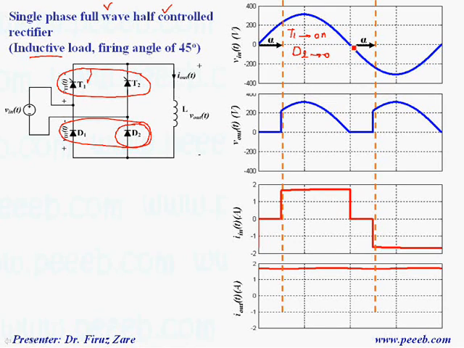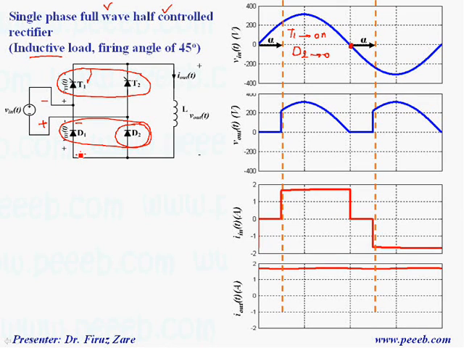So at this zero crossing point, because the input voltage is getting negative, that means the input voltage can be defined as negative voltage with this polarity. If you look at this diode, when this diode conducts, that means this terminal is negative, and because this diode conducts, this terminal is positive.